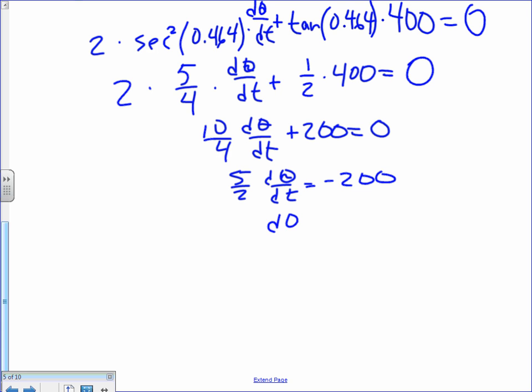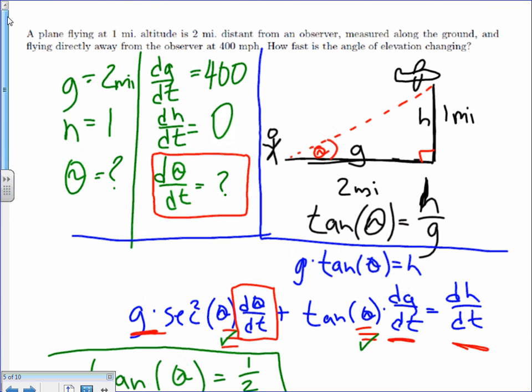So d theta dt equals, divide by 5/2, negative 400 over 5, which is negative 80. Wow, that seems insanely wrong.